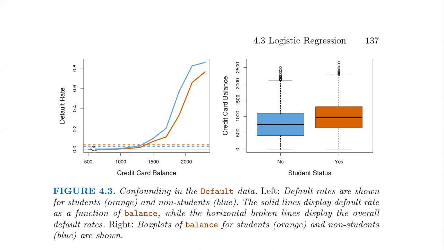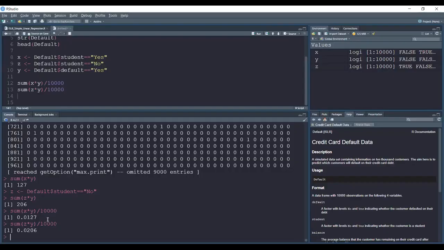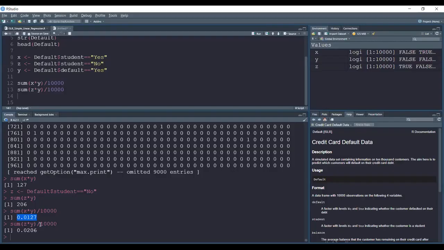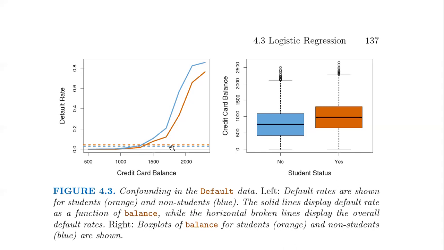The blue, is that right? Yeah, exactly. The blue is 1% default. The orange line is 2% default.